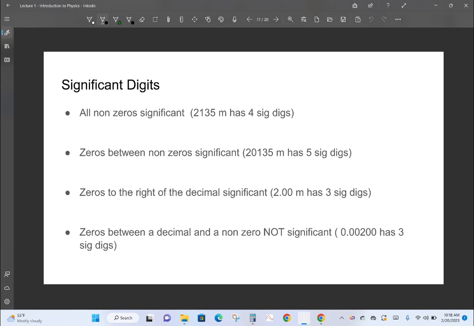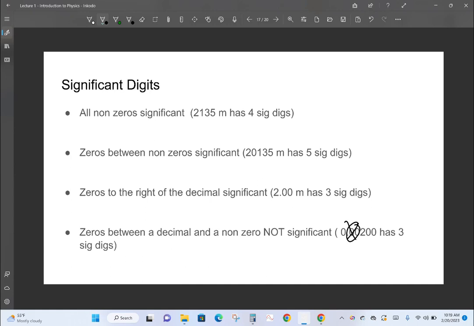And if you had zeros to the right of the decimal, at the end of the decimal, you don't write those for no reason. Just like when we made measurements with the ruler, we added those 2 zeros because our uncertainty went out that far. So 2.00 has 3 significant digits, but if the zeros are before the decimal point, they are not significant.